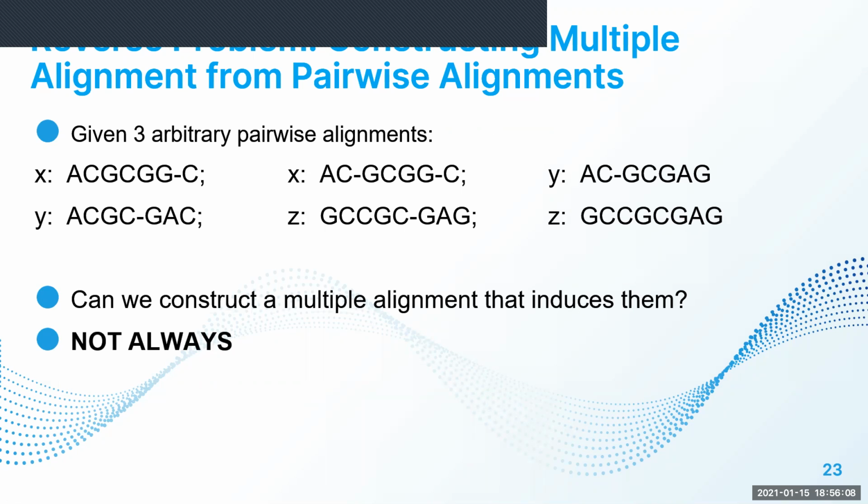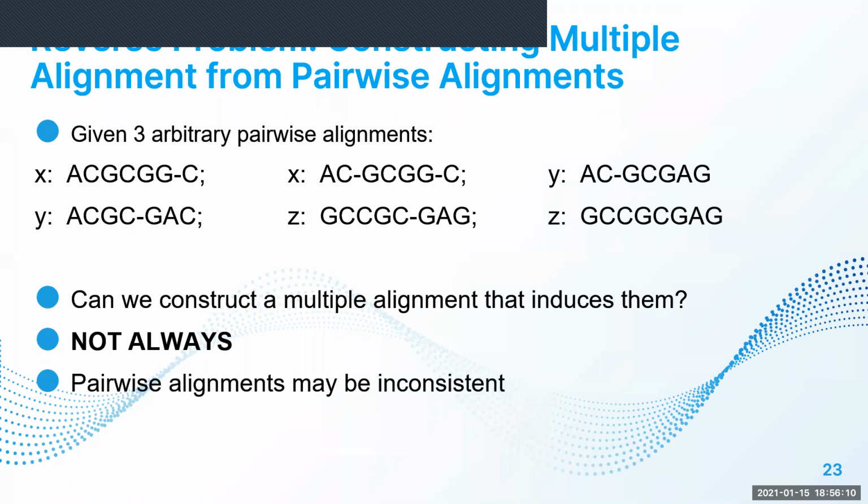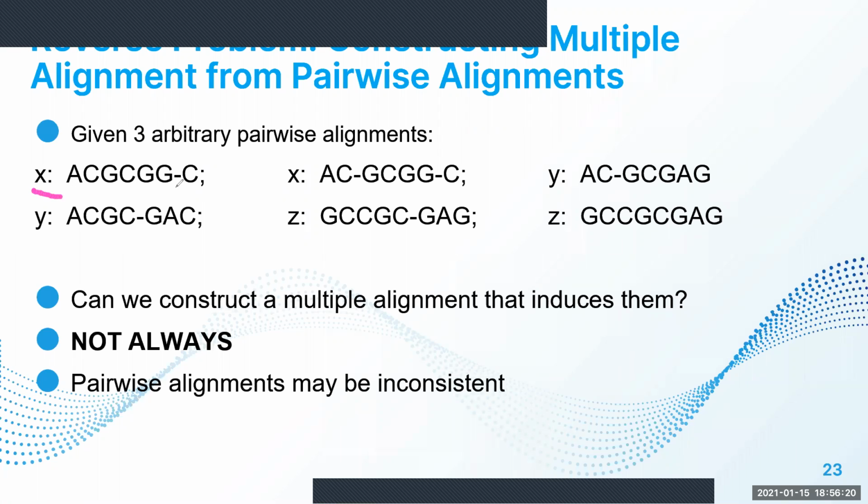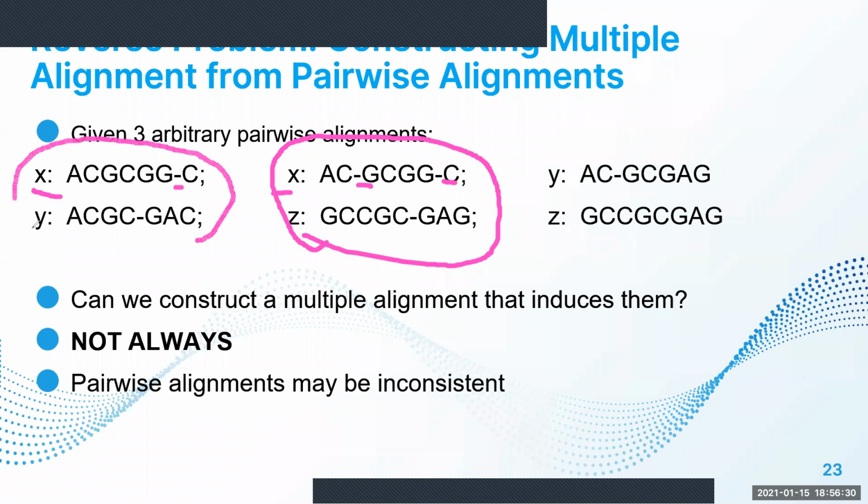The answer is not always, because these pairwise alignments may not be consistent. Consistent means you have X like this with one gap here, but you have the same sequence with two gaps when aligning X and Z. So aligning X and Y gives a different alignment than these two.